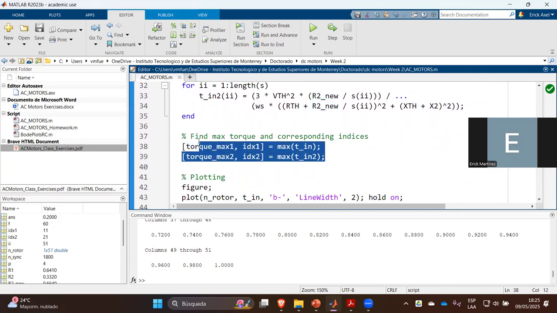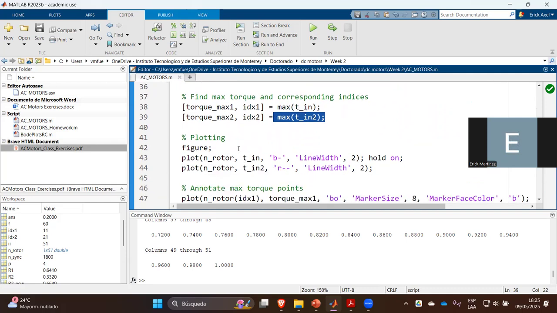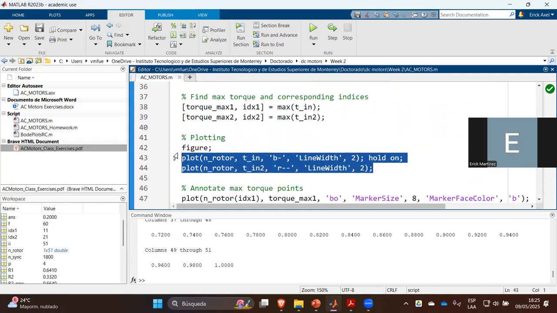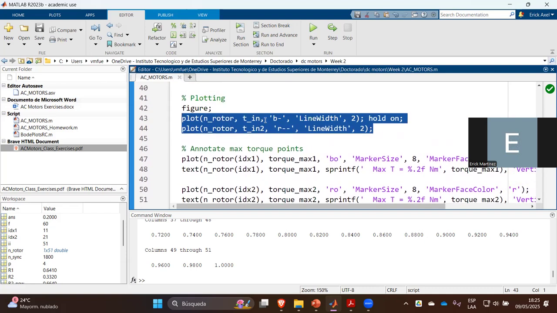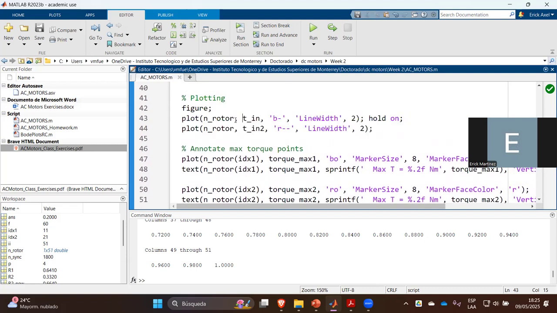And in this part, I am computing the maximum torque for the two scenarios: when I consider the original R2 value and the new R2 value, which is double the original. And I am plotting the data of these two vectors.